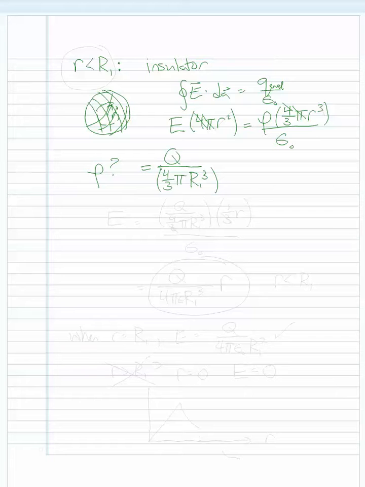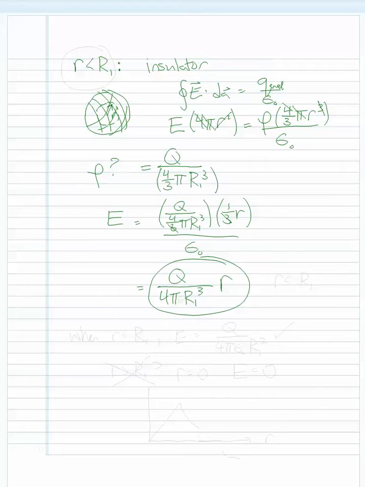Okay, so I put that in, and I'll cancel out these r squareds, and I'm going to solve then that E is equal to Q over 4/3 pi r1 cubed, that's rho, times 1/3 r, so the 3's will cancel, divided by epsilon naught, and what I get is Q over 4 pi epsilon naught r1 cubed times just r.